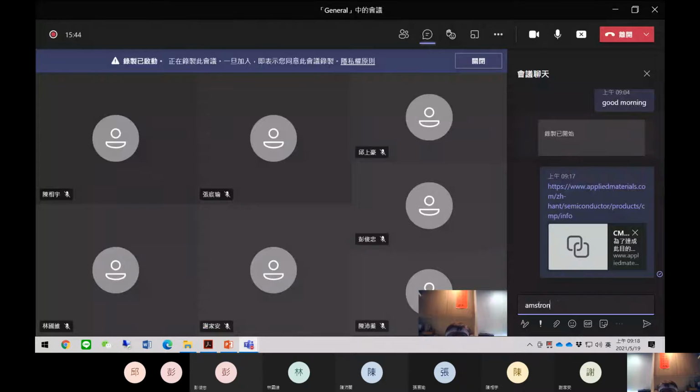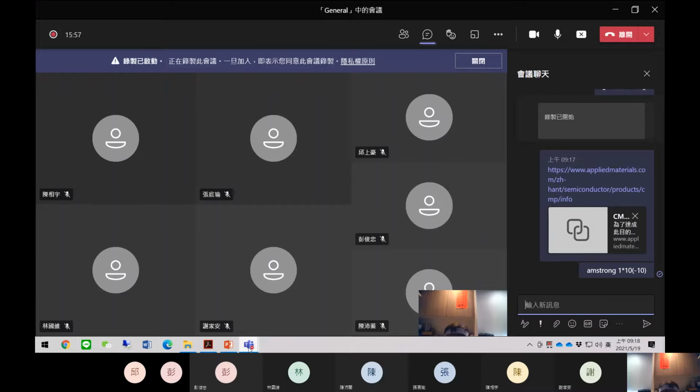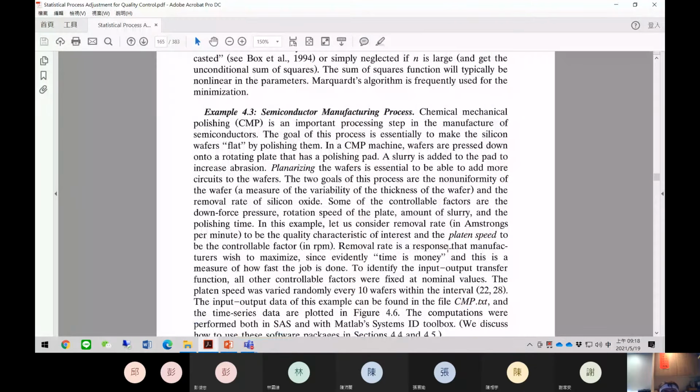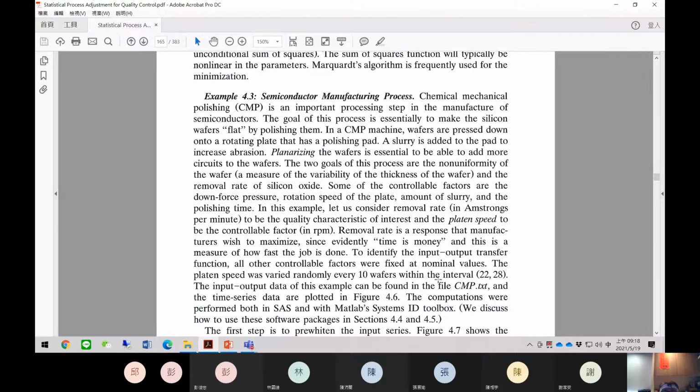Typically this is 1 times 10 raised to the power of minus 10 meters. So angstrom per minute is the quality characteristic of interest to the process engineer, and the platen speed is the controllable factor in RPM, revolutions per minute.